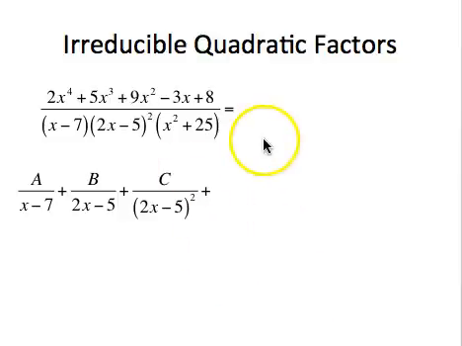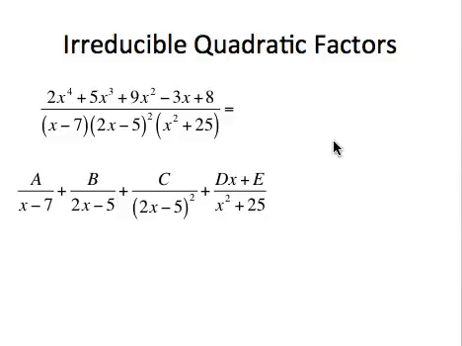I need a first order polynomial on top, something x plus something. Since we've used a, b, and c, we will go with dx plus e over x squared plus 25. It would be a very, very challenging thing to solve for a, b, c, d, and e, but that's what you would have to do before you would go on and try to solve this using the technique of partial fraction expansion. And that will conclude this lesson.